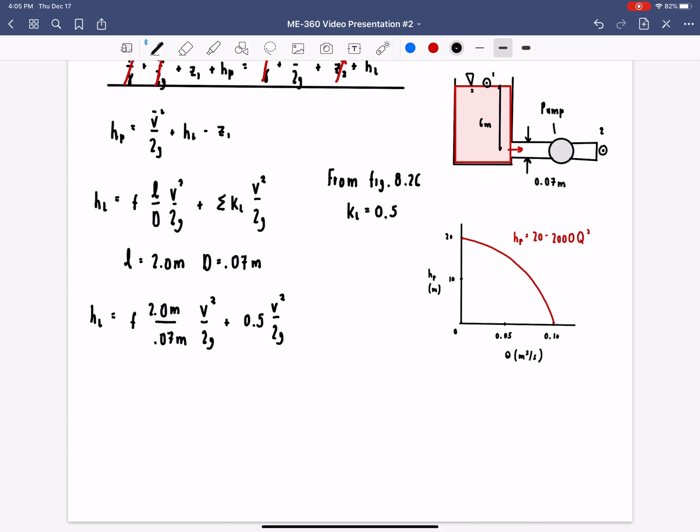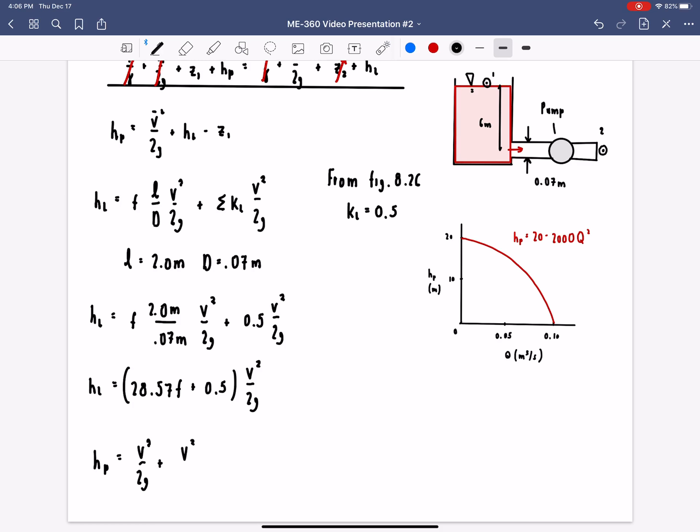And we can simplify this further. So we end up with HL equal to 28.57 F plus 0.5, pulling out the common term, v squared over 2g. Recombining into the head gain equation from up above, we have head gain equal to, again, v squared over 2g plus the head loss, which we just calculated.